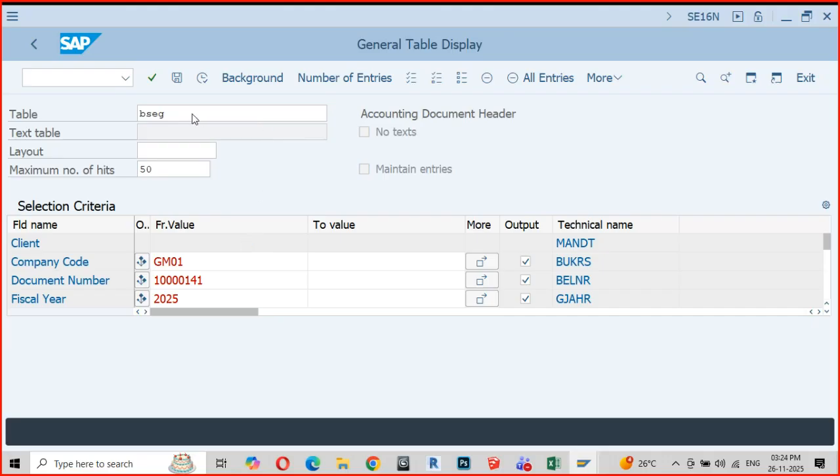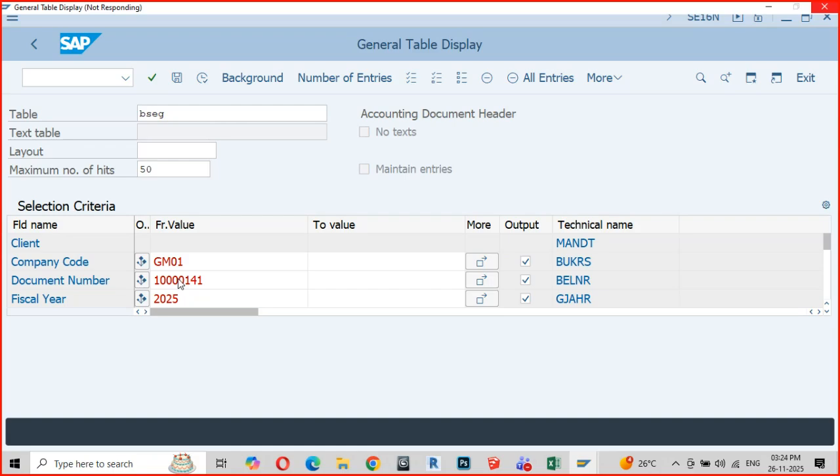This is a line item table, BSIG. Clear? I think there is a 10 missing in the document number.